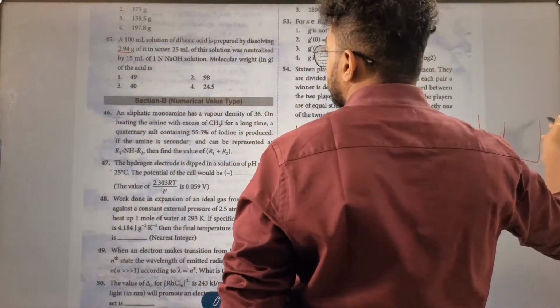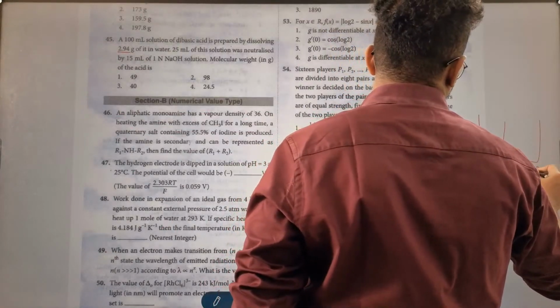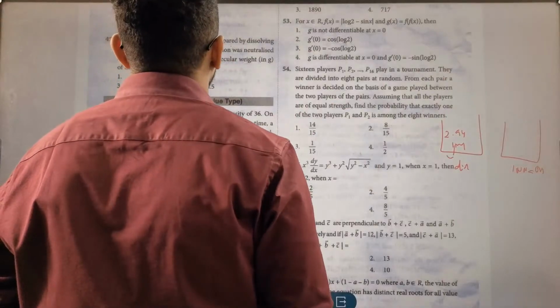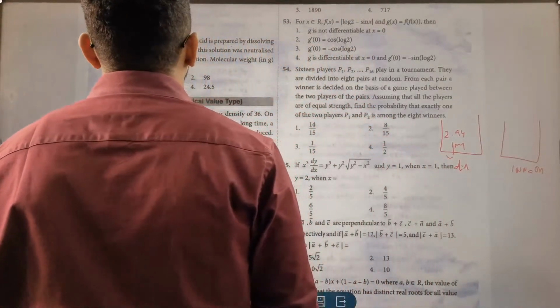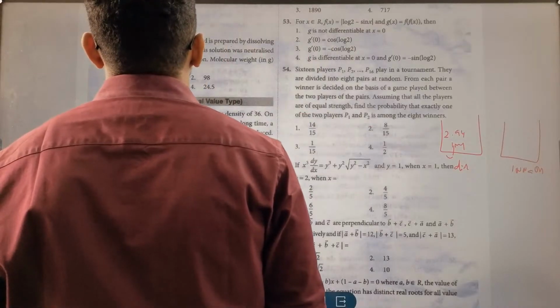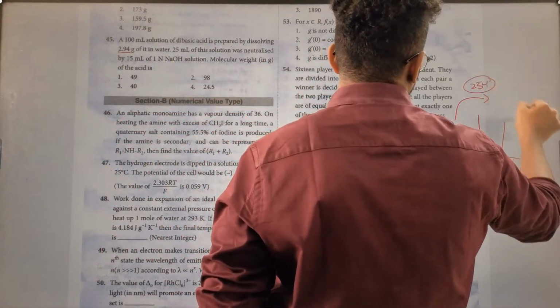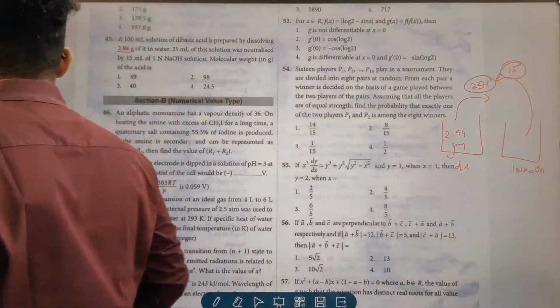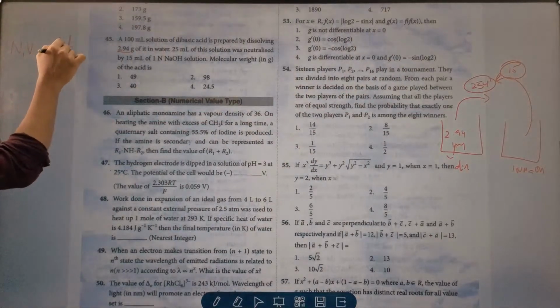Another solution we have is one normal NaOH. 25 ml of this solution was neutralized by 15 ml. That is the concept, so N1 V1 should be equal to N2 V2.